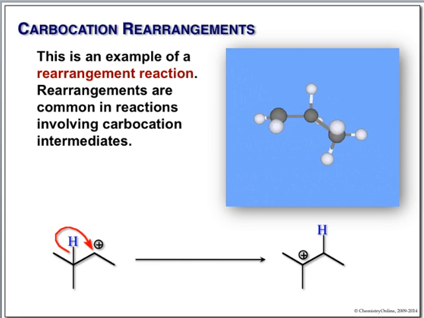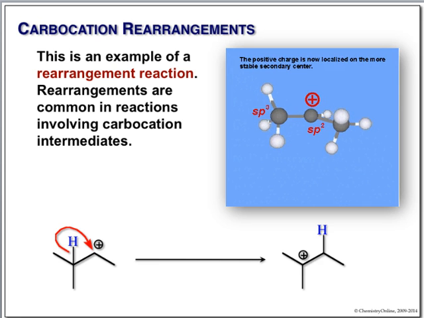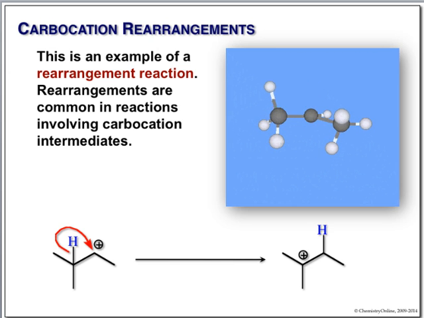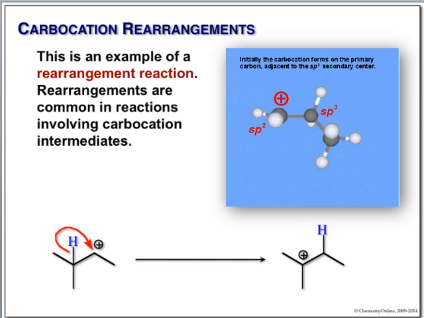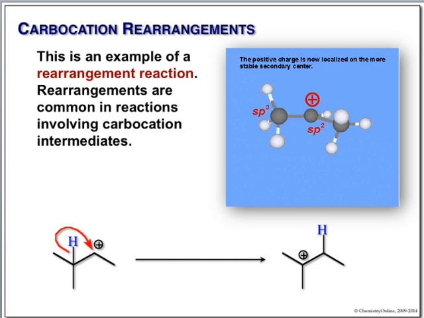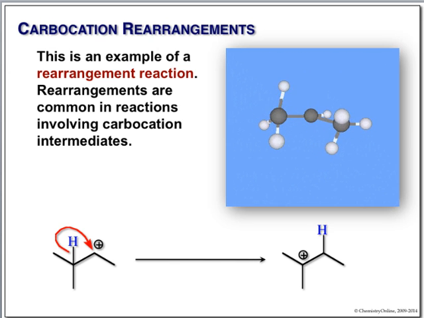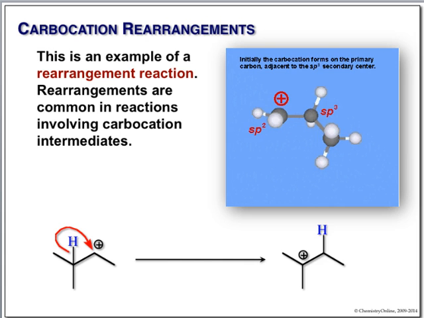Yeah. In the test, do you have to do both shifts, like this rearrangement? The rearrangement only happens with SN1 reactions, but if you're looking for rearrangement, what you want to do is look at your initially formed carbocation.